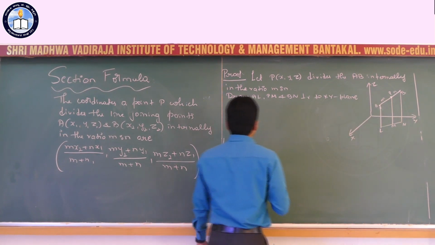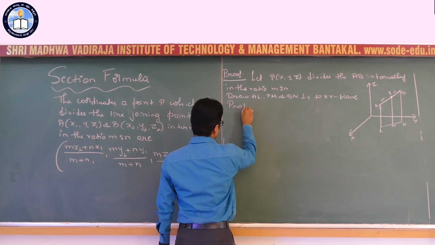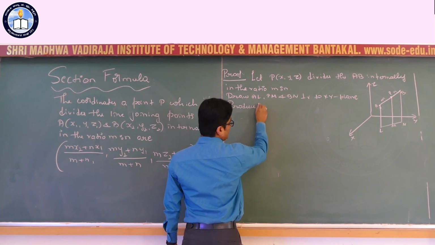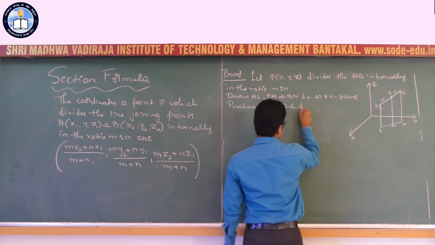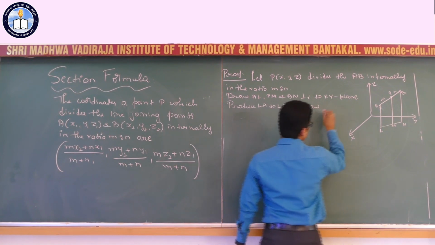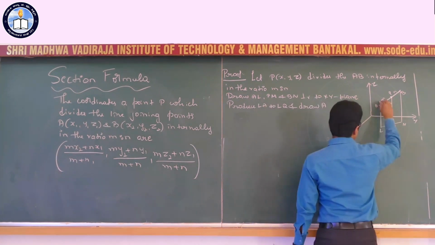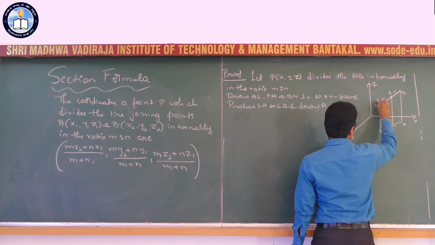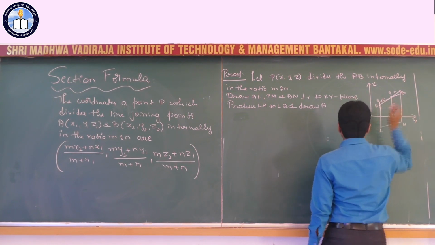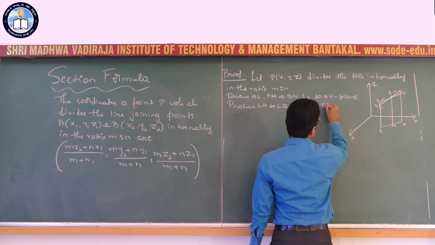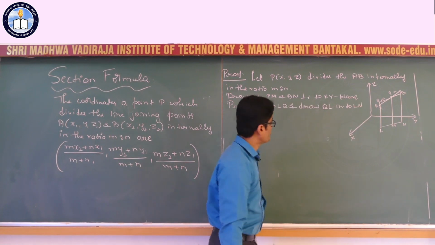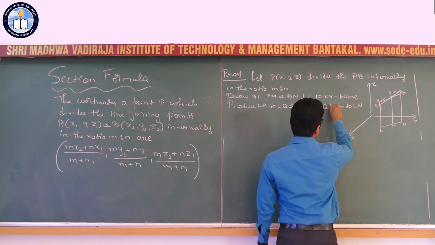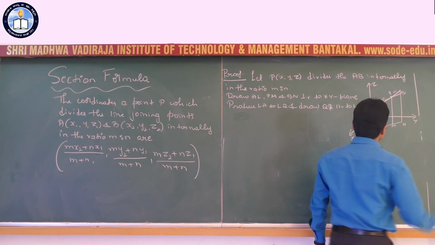One more construction. Produce LA to LQ and draw AQ. Then draw QR parallel to LN.